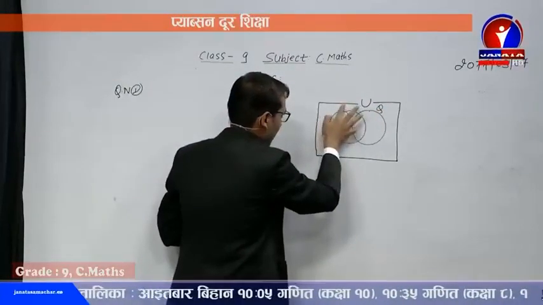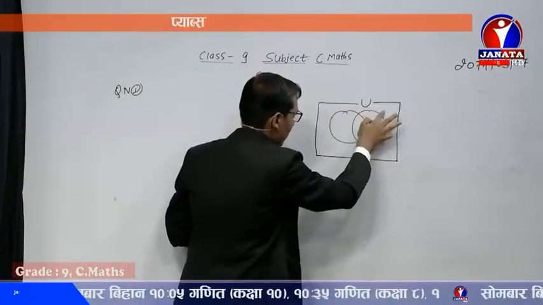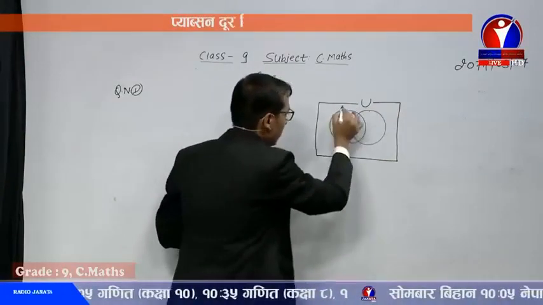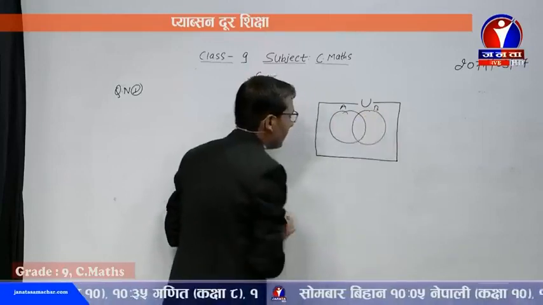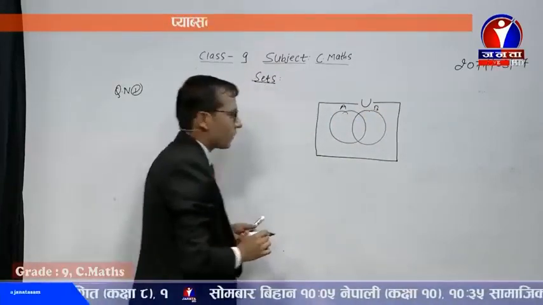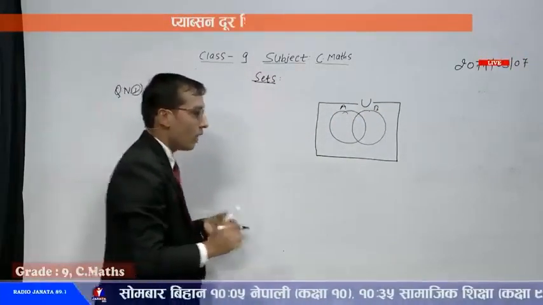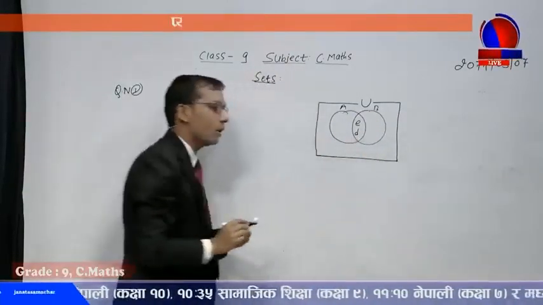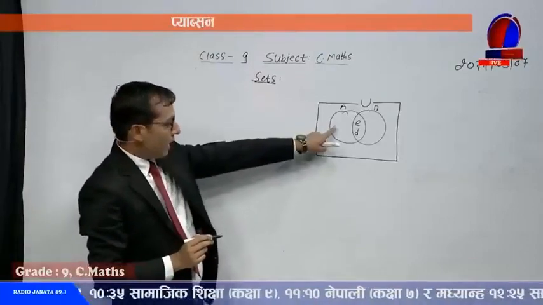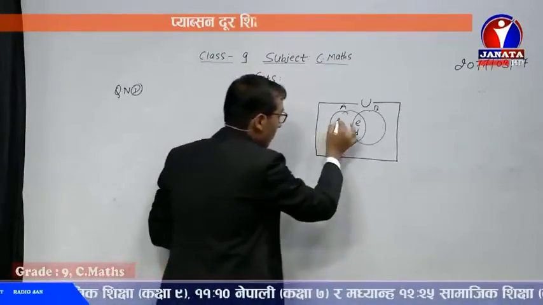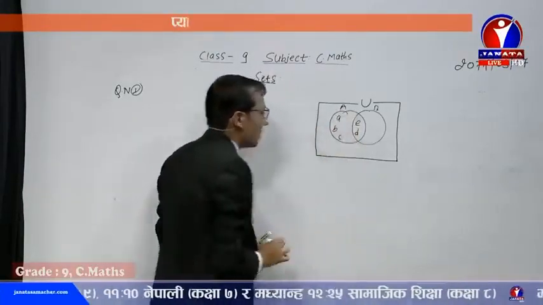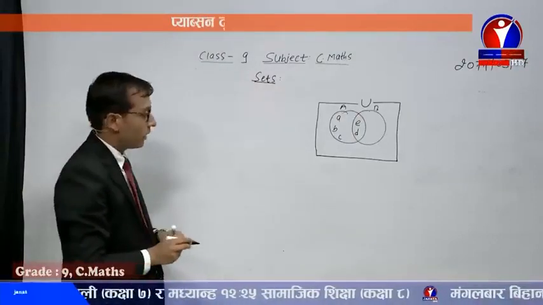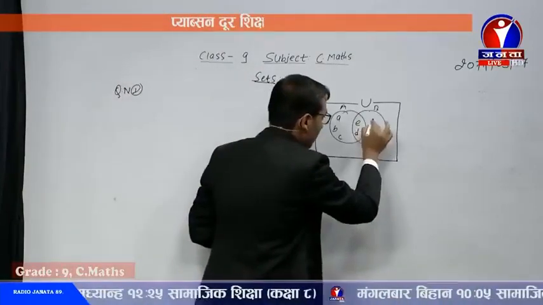Let's write A and B, the same as I have mentioned in the slide. What are the elements in the common region? E and D. What are the elements in N only A? A, B and C. What are the elements in N only B region?